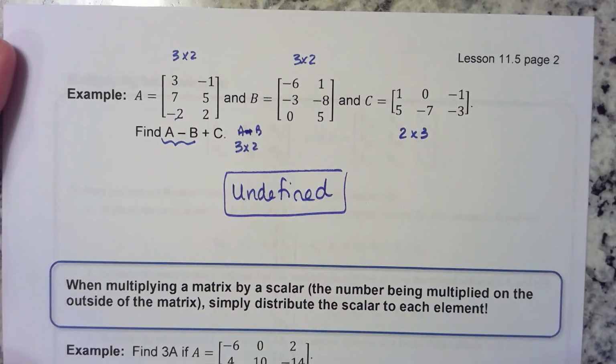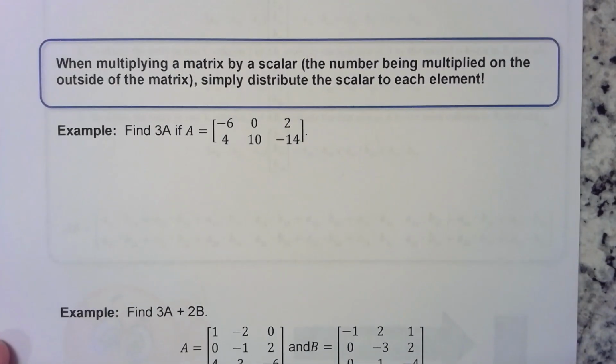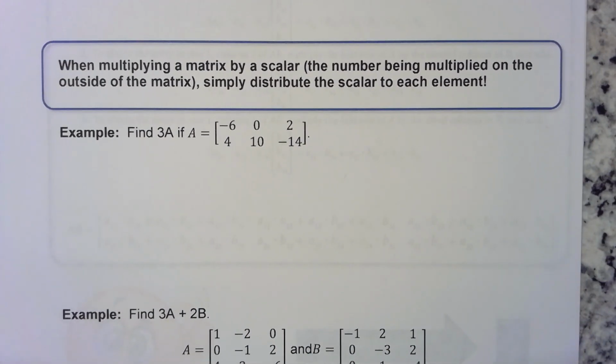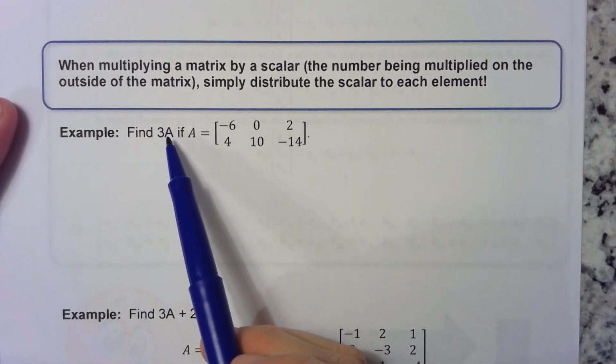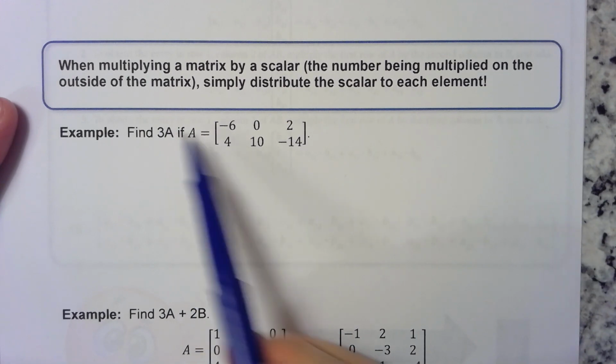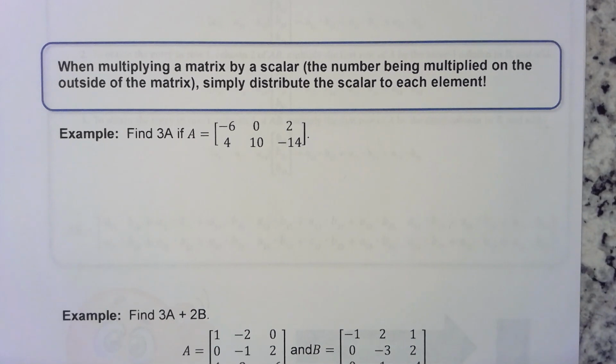So if you're multiplying a matrix by a scalar, that just means you have a number sitting outside the matrix. You literally just distribute that scalar to everything inside your matrix. So look at the first one. We have 3 times A, so 3 times all of this.